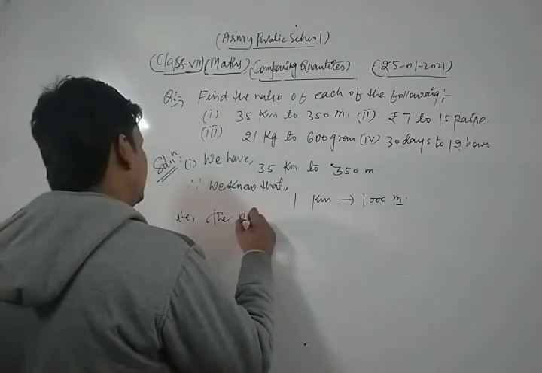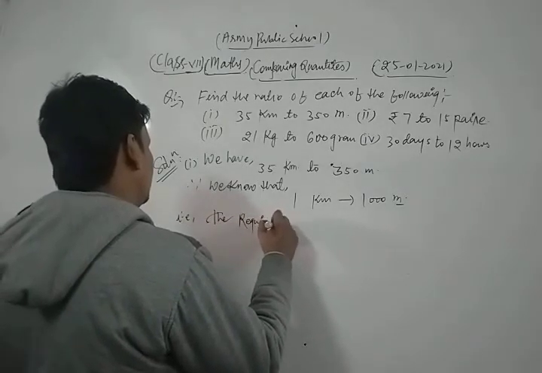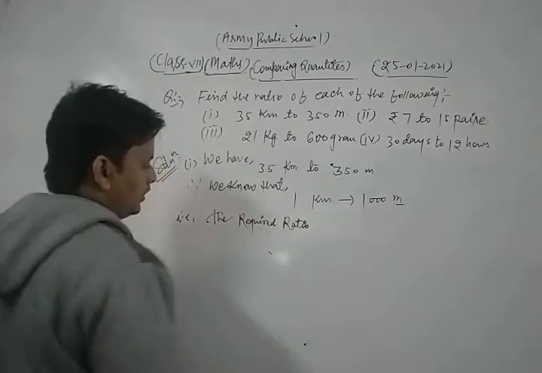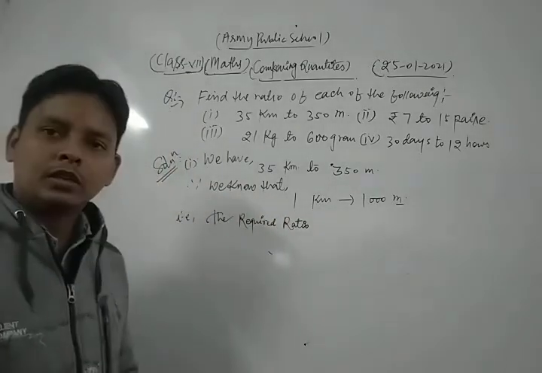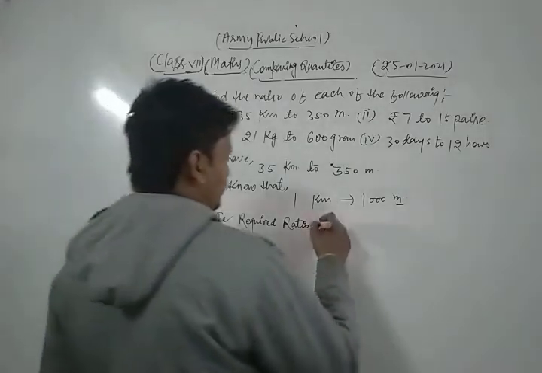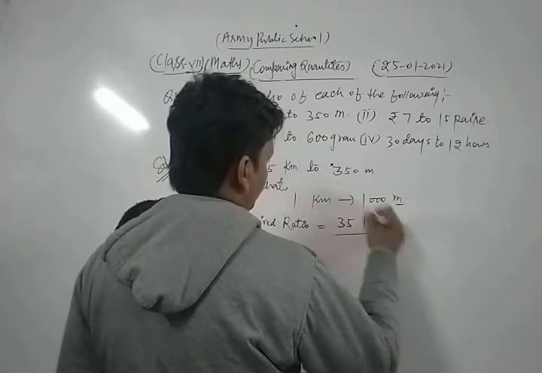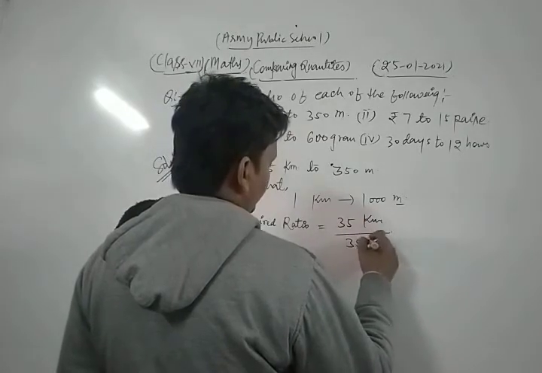That is the required ratio: 35 kilometer to 350 meter.